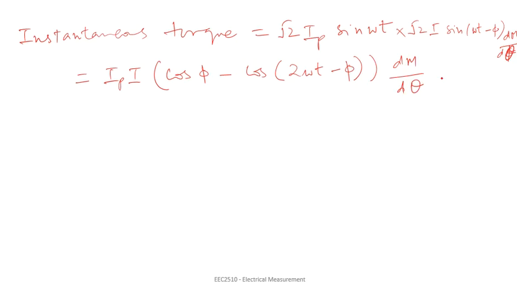If you see this equation, let us call this T with a subscript i, that is the instantaneous torque. You can see that there is a component of power which varies at twice the frequency of the current and voltage, that is there is a term of 2 omega t.